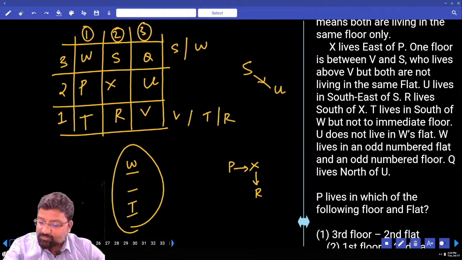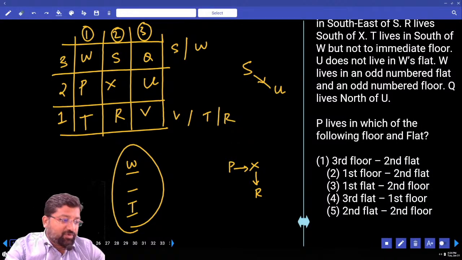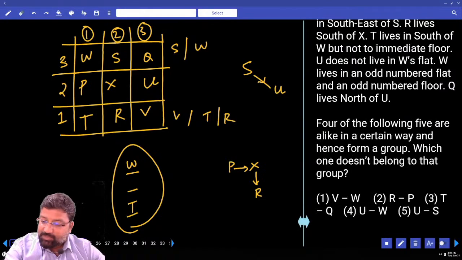24. P lives on which of the following floor and flat? Second floor, first flat. Four out of the following 5 are alike in a certain way and hence form a group. V and W. There is one floor between them. Yes or no?